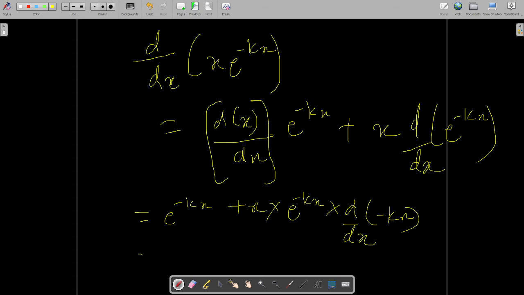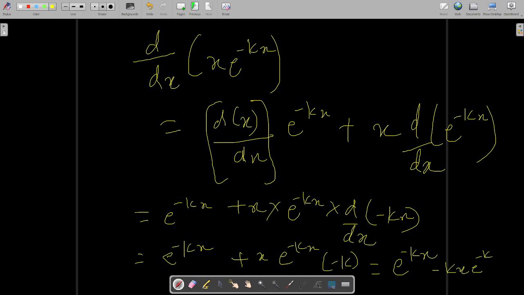Then it will transform to e to the power minus kx plus x e to the power minus kx multiplied by minus k. So finally you got e to the power minus kx minus kx e to the power minus kx. This is the thing which you got.